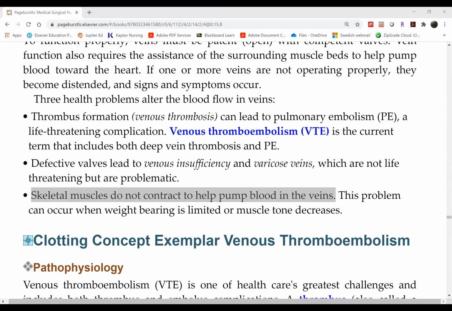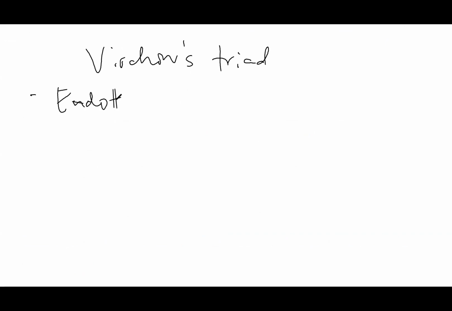How they form is from three things. We call them the virchow triad. Can you see the whiteboard? Yeah. Okay. So we have three conditions here: endothelial injury.